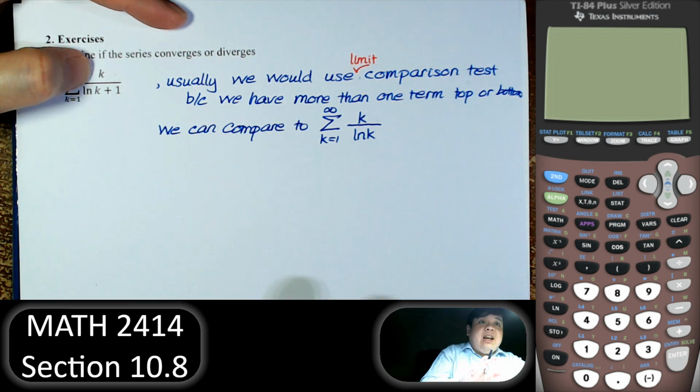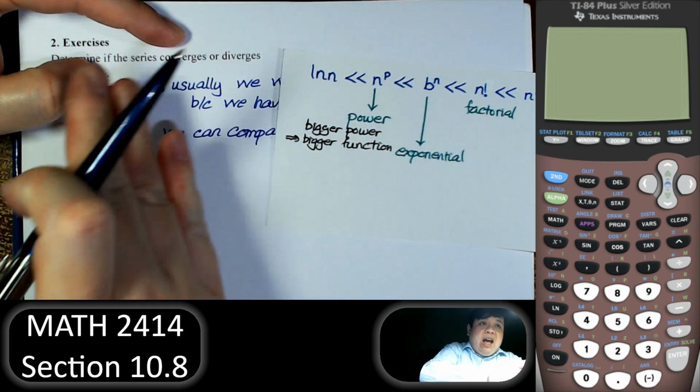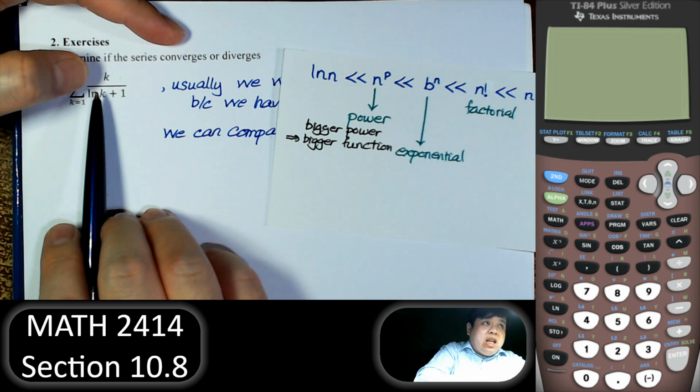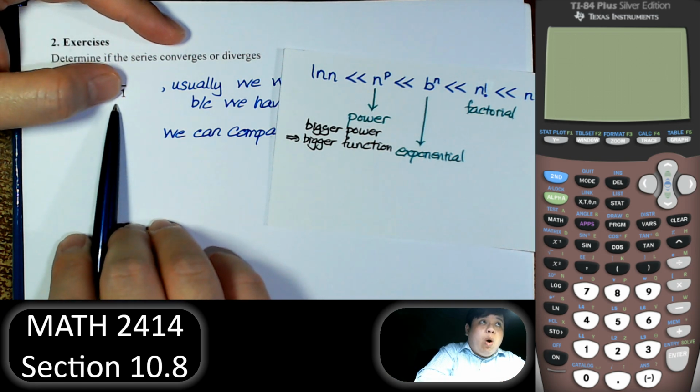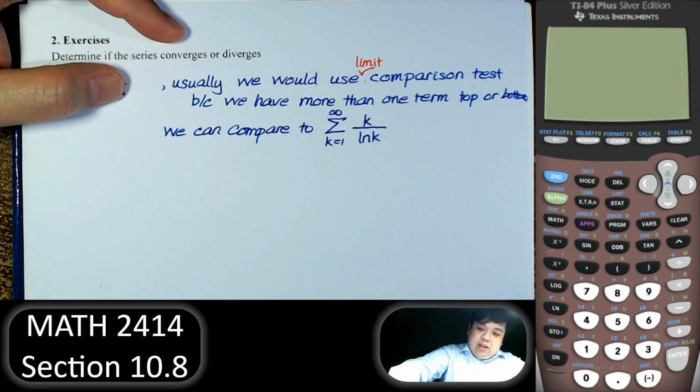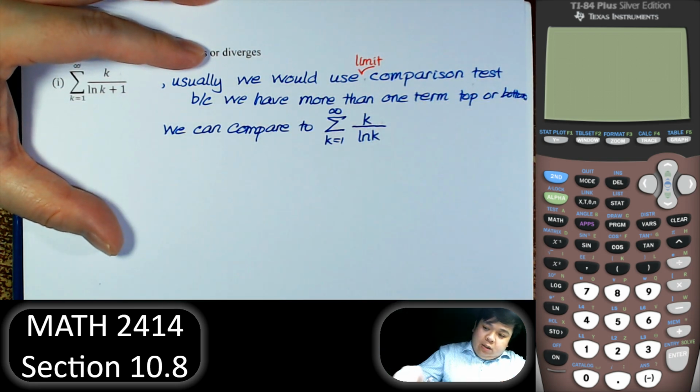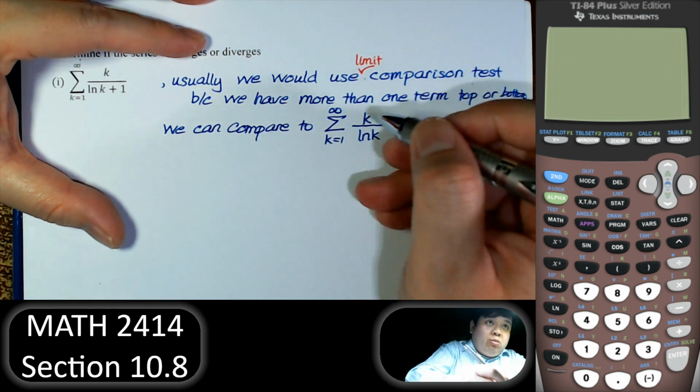Everything less, everything to the left of it, we will ignore, because ln of k goes to infinity, the 1 stays as a constant. So in that case we take ln of k.